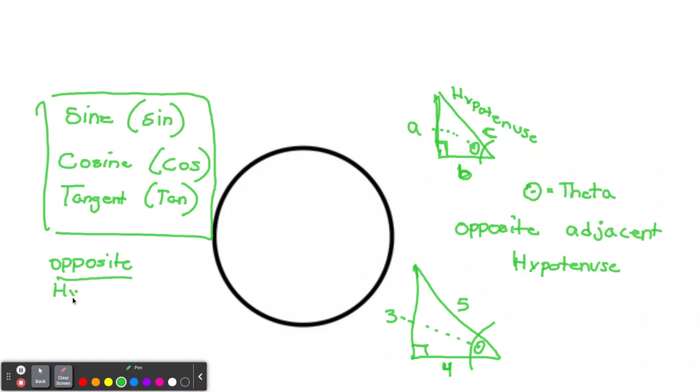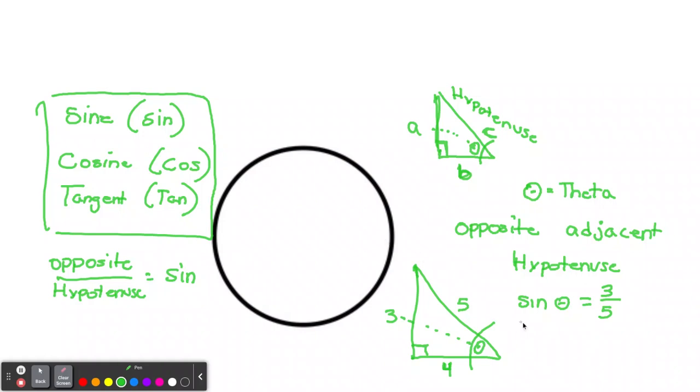So a trig ratio that is opposite of the angle over the hypotenuse is sine. So if we say sine theta, because we don't know what the degree is, we know the opposite is 3 and hypotenuse is 5.